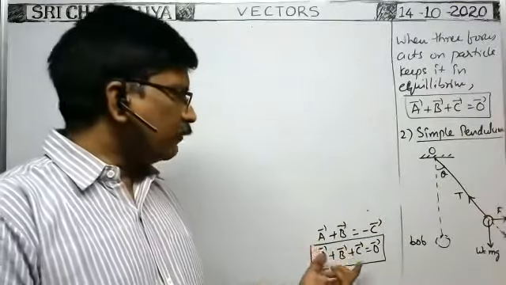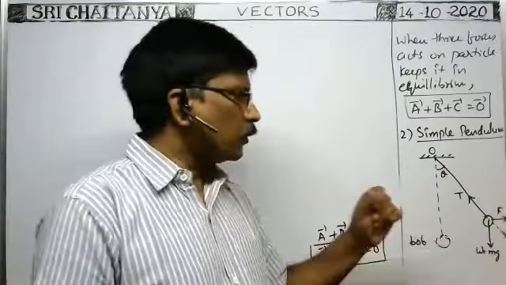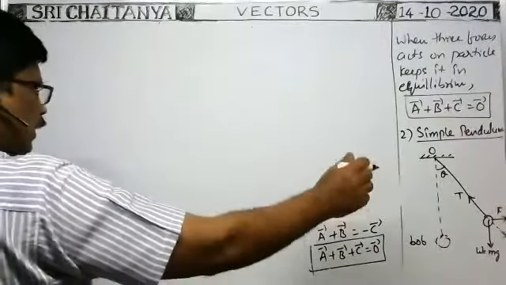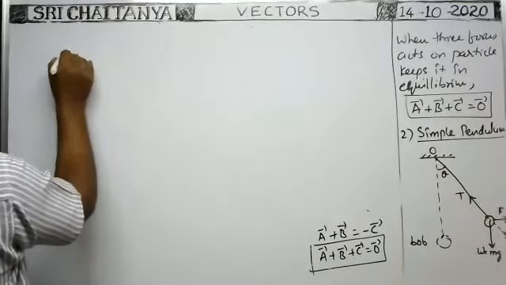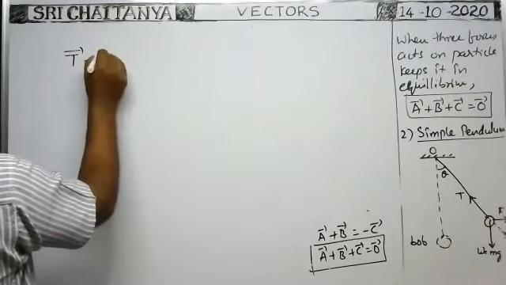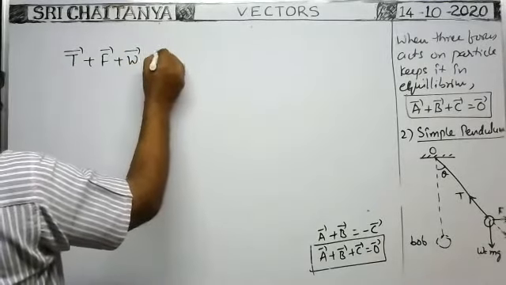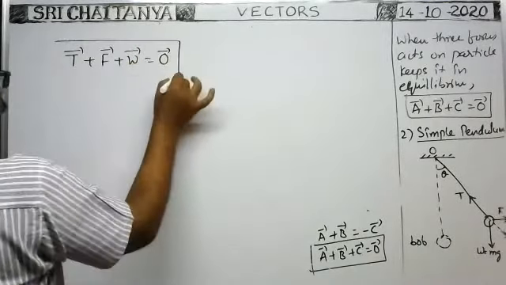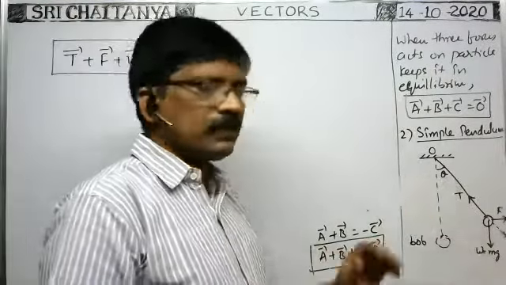When we take it like that, we get the relation a bar plus b bar plus c bar equals 0. Similarly here also, as the three forces keep the bob in equilibrium, the vector sum of all the forces, tension, horizontal force F, and weight mg, that is the vector sum of all the forces acting on the bob, is equal to the 0 vector. It is the vector relation among the three forces.